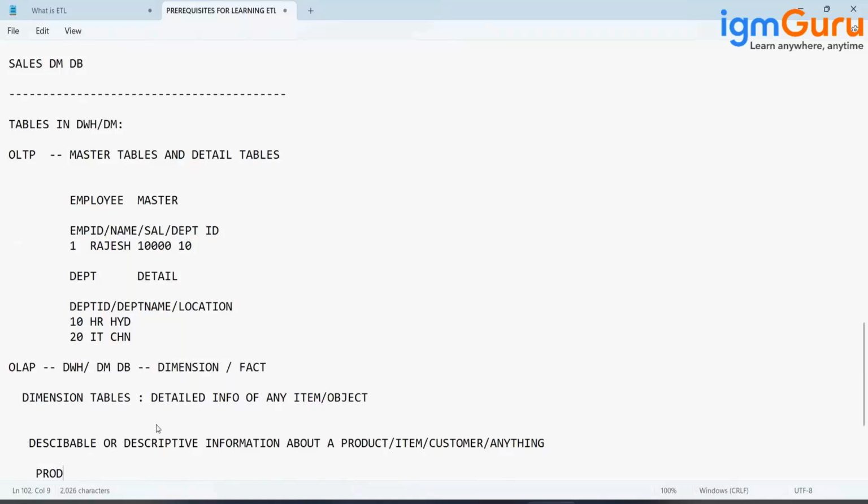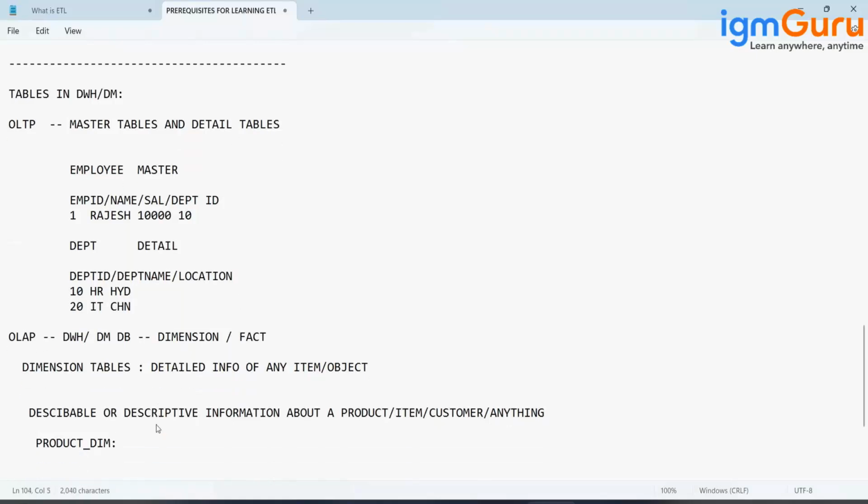Let's say I have a product dimension. What kind of information can I store in this product dimension table? I can maintain product ID, product name, product type, product subtype, quantity, price, and so on.